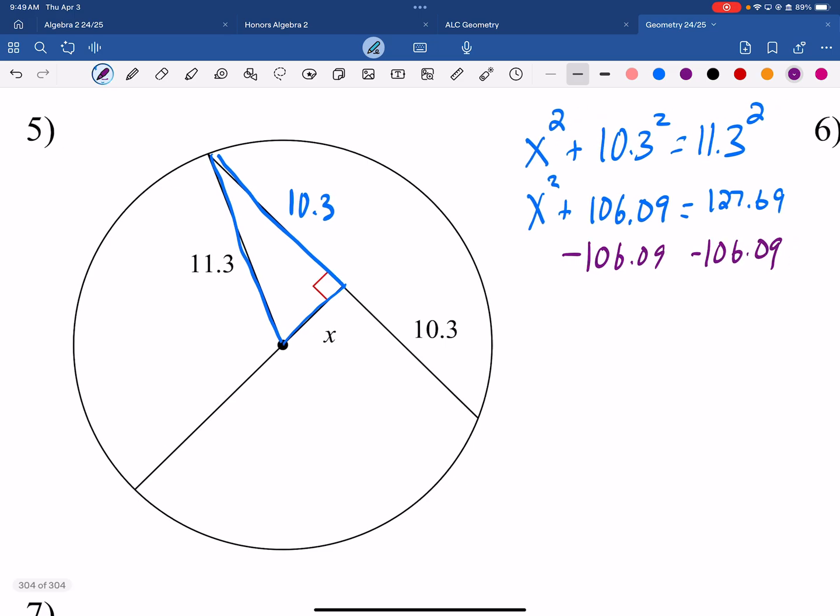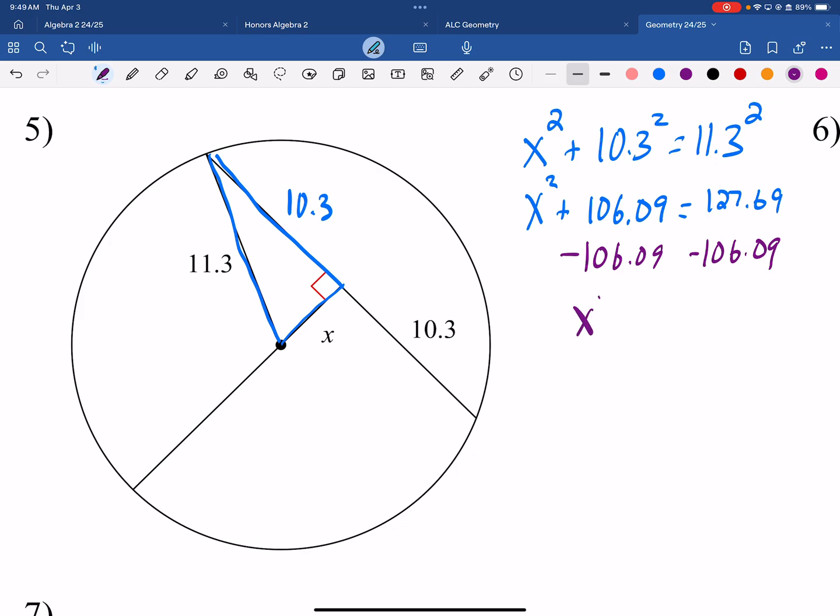Solving the equation. I can move it over. So that's x squared equals 21.6. I think that's right. 21.6. Take the square root of it, 4 point something. Square root of 21.6.